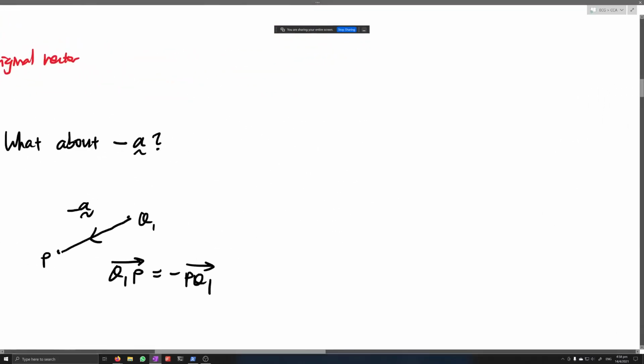Now, what about 0A? If you scale the magnitude by a factor of 0, you get nothing, right? So you can't draw it. Therefore, a special quantity known as the null vector or zero vector results.